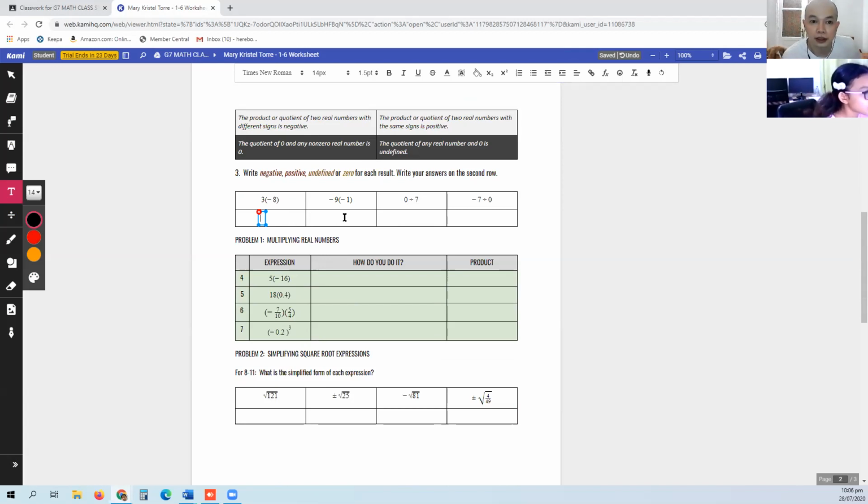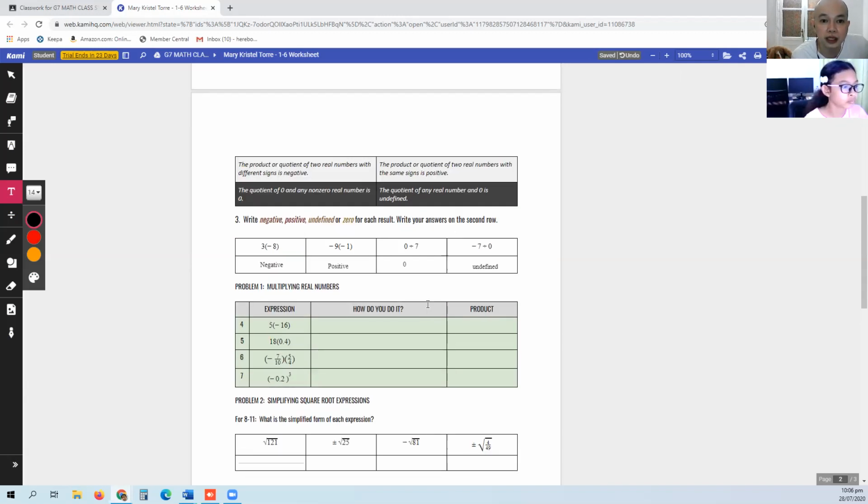You write negative, positive, undefined, or 0. Positive, 0, okay. Okay, can you go back to 0?